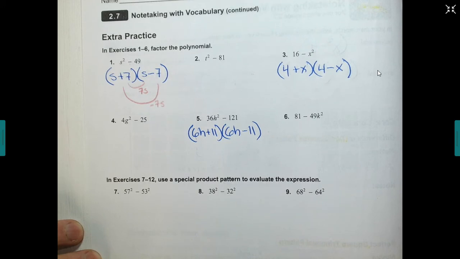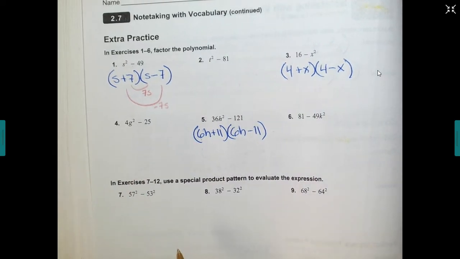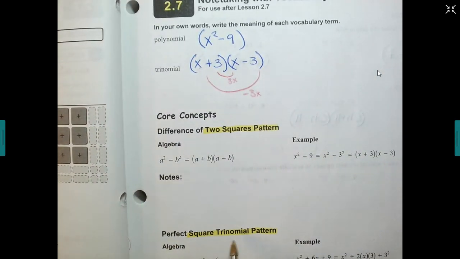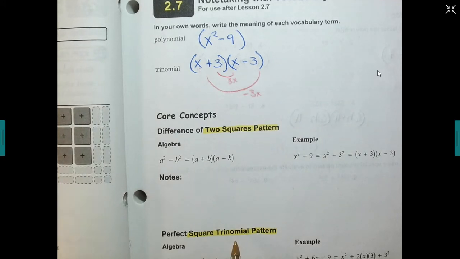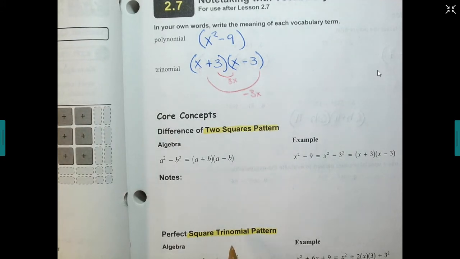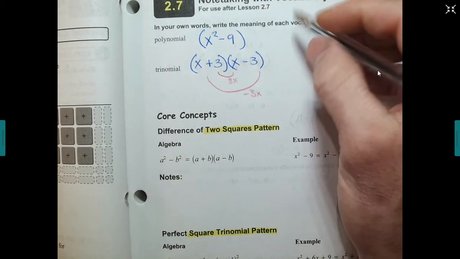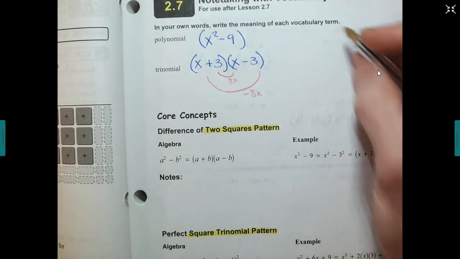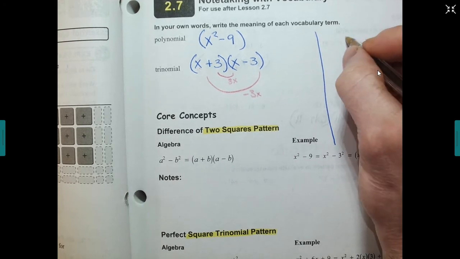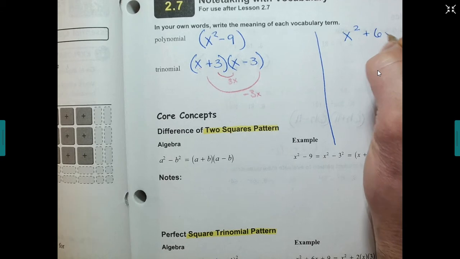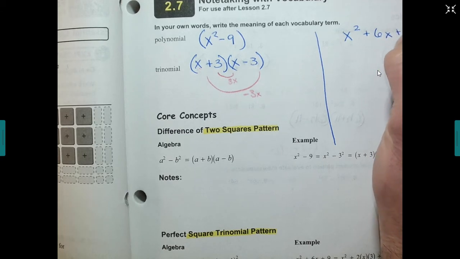And then let's look at, we're not going to be working on these, how to factor a perfect square trinomial pattern. So for this one, if you had, let's say, x squared plus 6x plus 9.